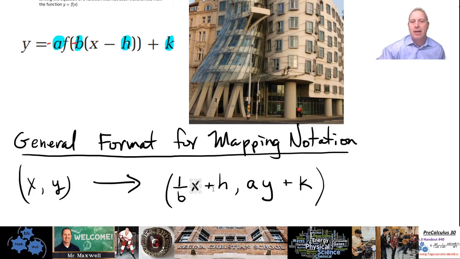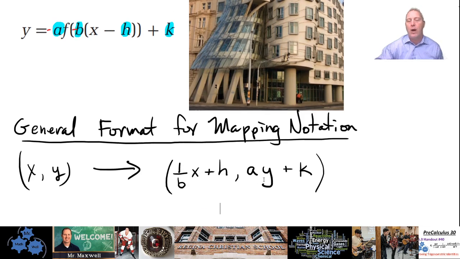And then with that answer, you add H, okay? And that will give you your image point that matches the new parameters on this new transformed function, okay? So 1 over b x plus h. That takes your regular old x value from your original function and gives you the new x value for your transformed function, okay?